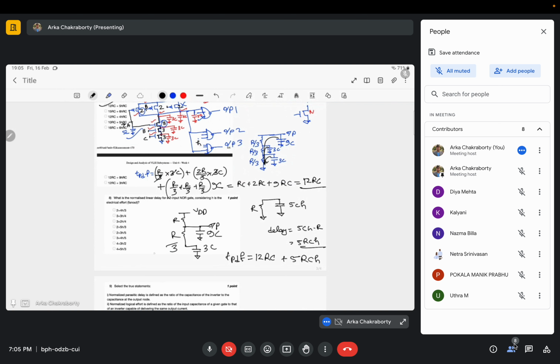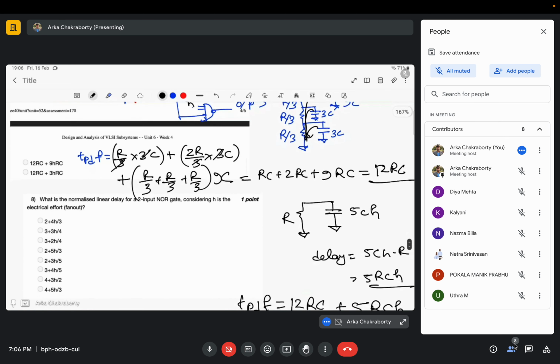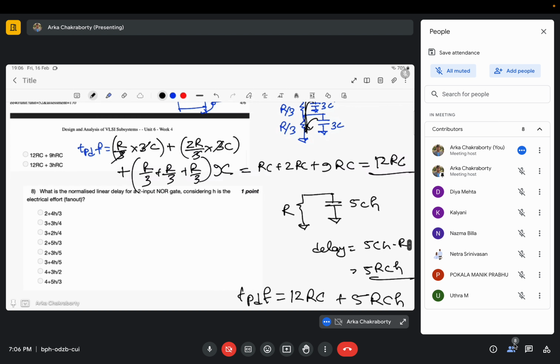If you solve it, you will get 9RC plus 3RC, maybe 12RC. For the rising one, they have not asked you, but with a similar approach you can do it for the rising propagation delay as well. Okay, let me move to the next question.